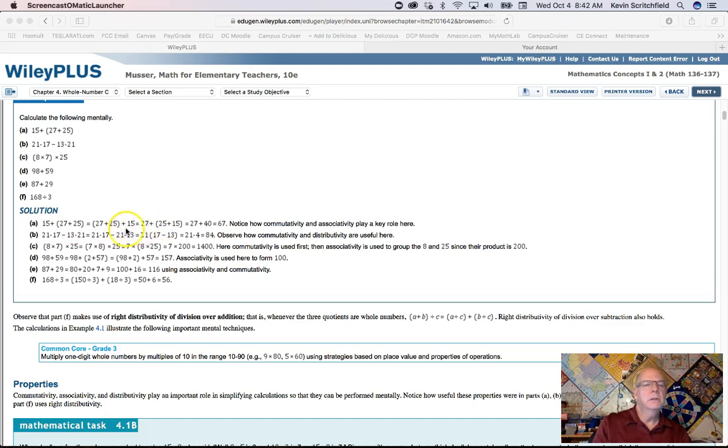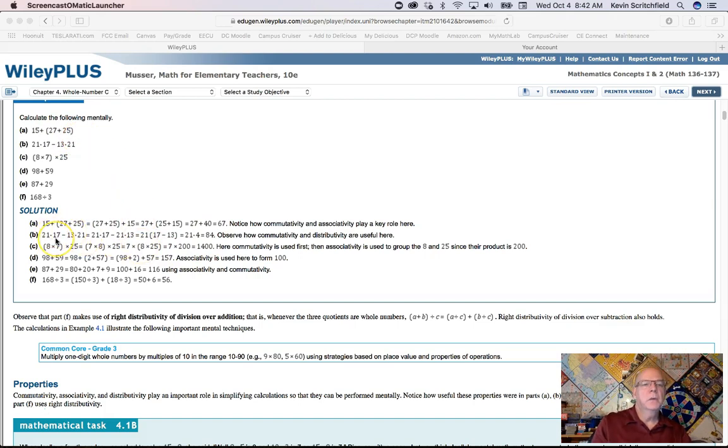It's kind of using the associative property here instead, but it doesn't matter which ones you add first because it's all addition. It's really just the commutative property. So the 15 and the 25, we add together first and get that 40 right there. Then the 27 is still there, so we just add 27 to 40 and get 67. So a much quicker and easier way to add that together. You could do that mentally in your head.